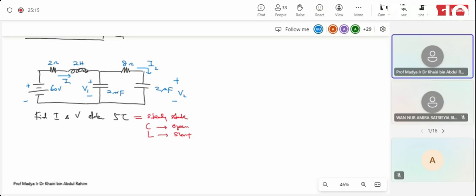Can you see? Let me try to reduce it. The circuit looks like this during steady state.